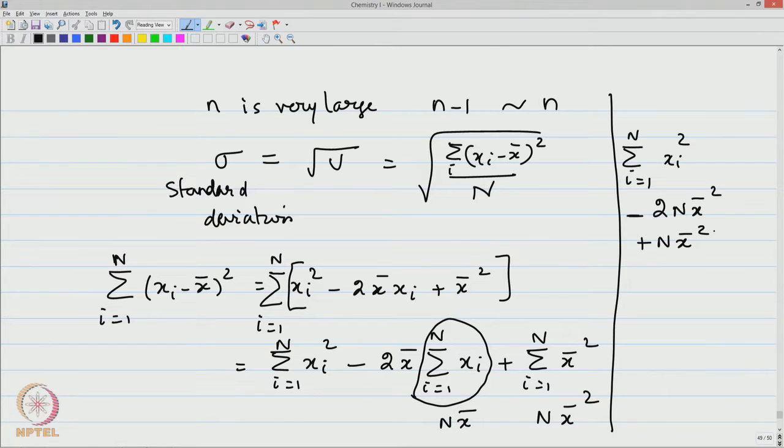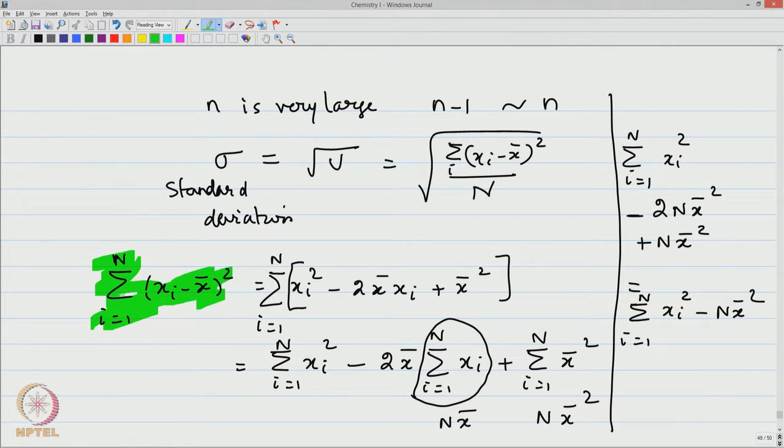So, the answer is the sum over i equals 1 to n of x_i square minus, there is no sum, minus n x bar square. Okay. Now, this is just the sum. All of what we have calculated is only that, and that is equal to this number.